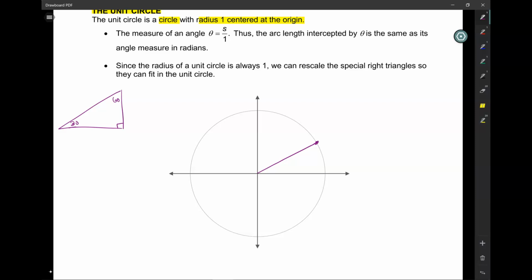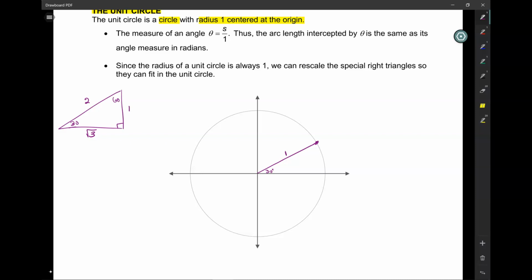Now, if I label this triangle like I normally do, 1, root 3, and 2, and try to put it into the circle, it's not going to fit. What part of this triangle corresponds to the radius? The hypotenuse. But the radius here must be 1, and this hypotenuse is 2, so this can't possibly fit in here.